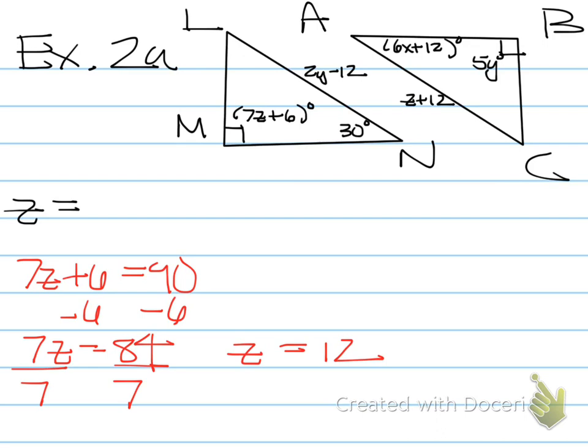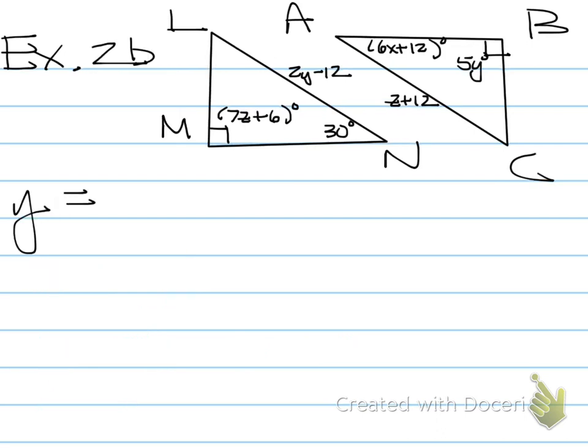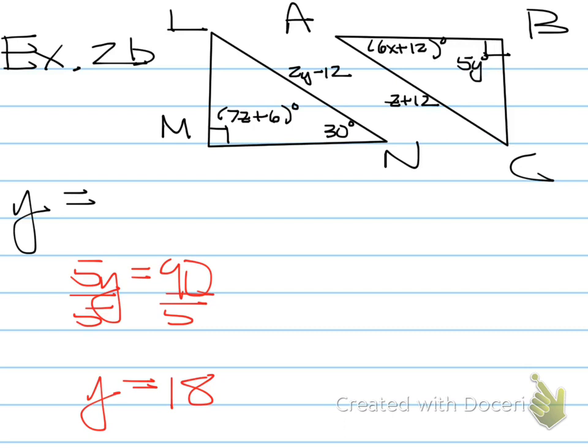So Z equals 12. To find Y, angle B is a 90-degree angle, and 5Y is the expression for angle B. So we can set 5Y equal to 90 and then solve for Y by dividing both sides by 5. Y is going to equal 18.